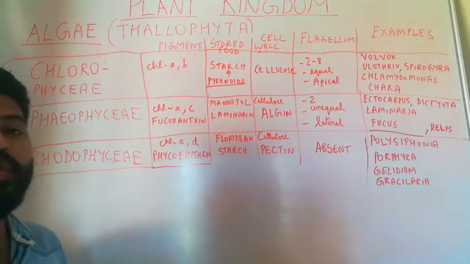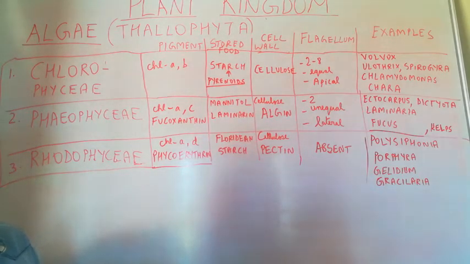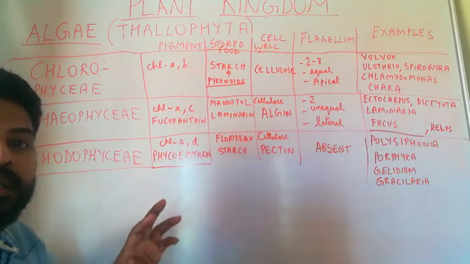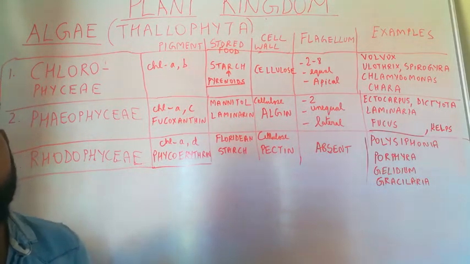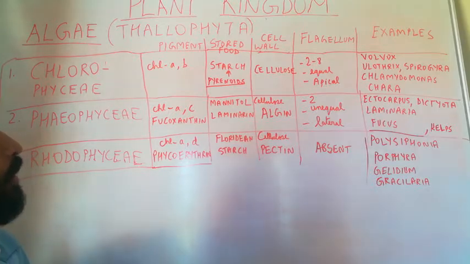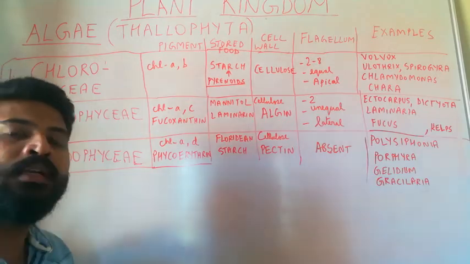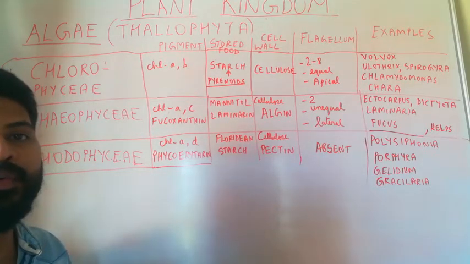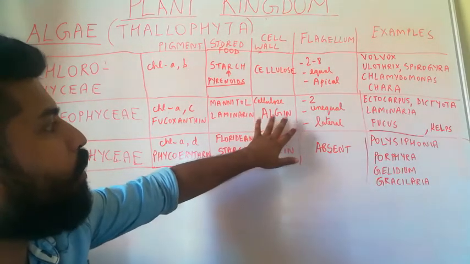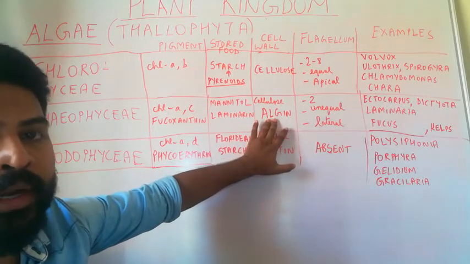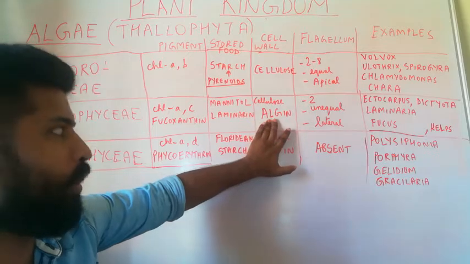Food is stored in the form of mannitol or laminarin, which are complex carbohydrate forms. The cell wall is composed of cellulose and there is an outer covering of algin, which is a hydrocolloid. It can store water.